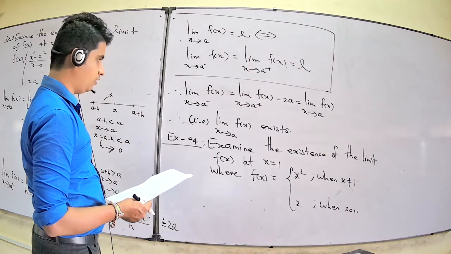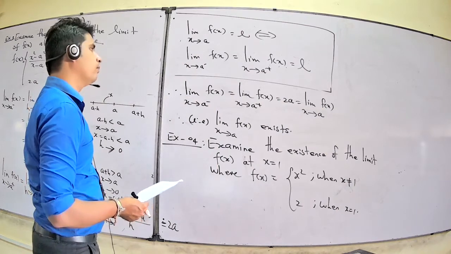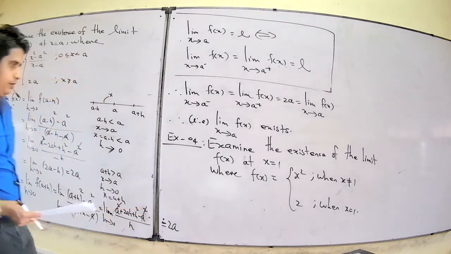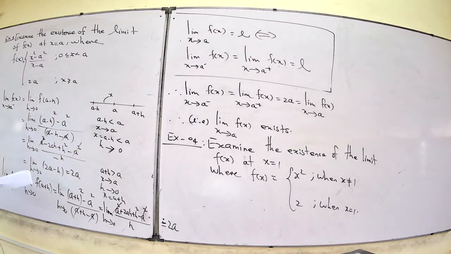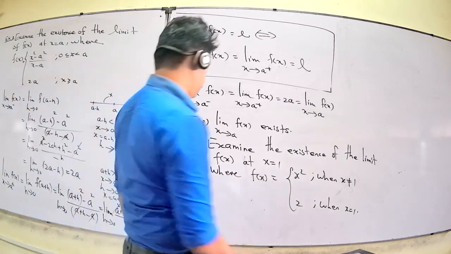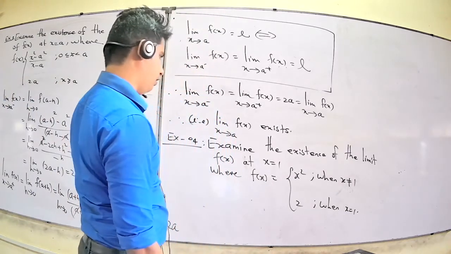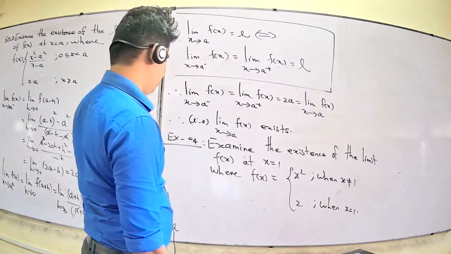Now you want to check whether this limit exists or not. You want to check the limit as x tends to 1.